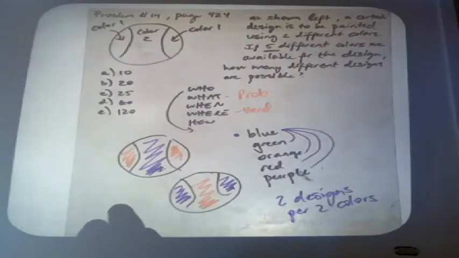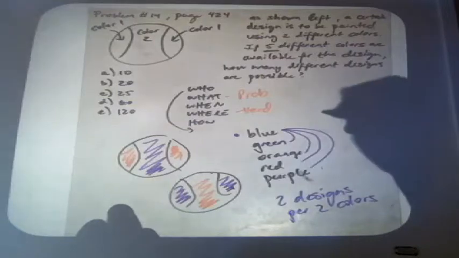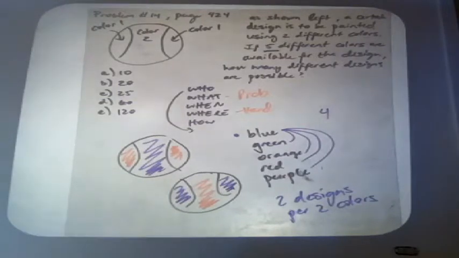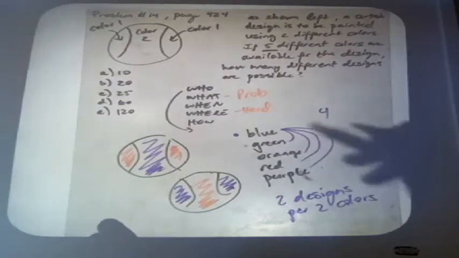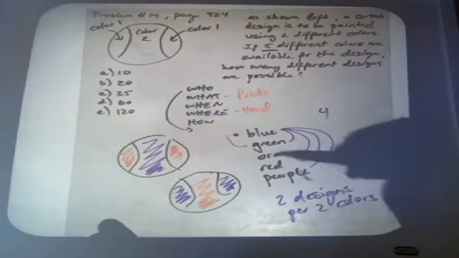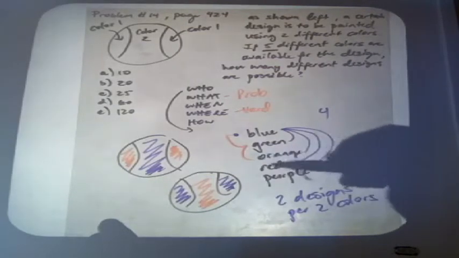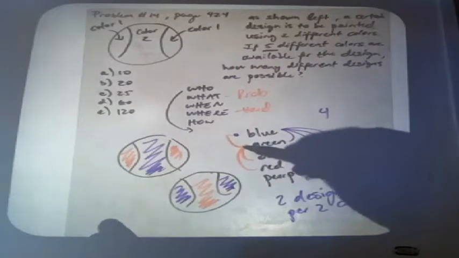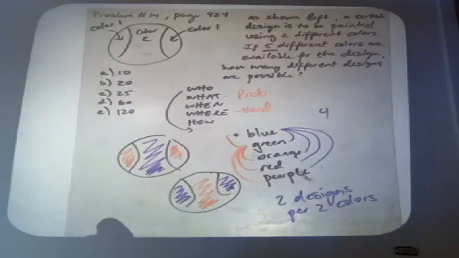So notice there's four options there if one of my colors is blue, right? Now, what if one of my colors is green? How many options do I have? Well, I can have green and blue, I can have green and orange, I can have green and red, or I can have green and purple, right?